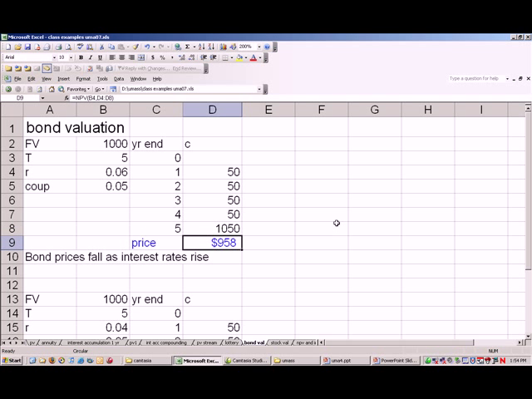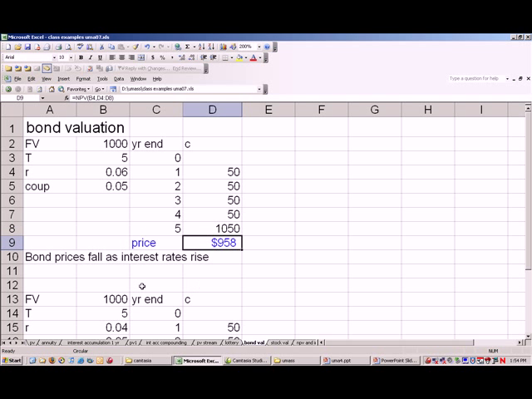A final interpretation is that the original bond buyers bought the bonds for $1,000 and are turning around 5 years later and selling the bonds for $958. Hence, the original bond buyers are suffering a capital loss on their bond sale.